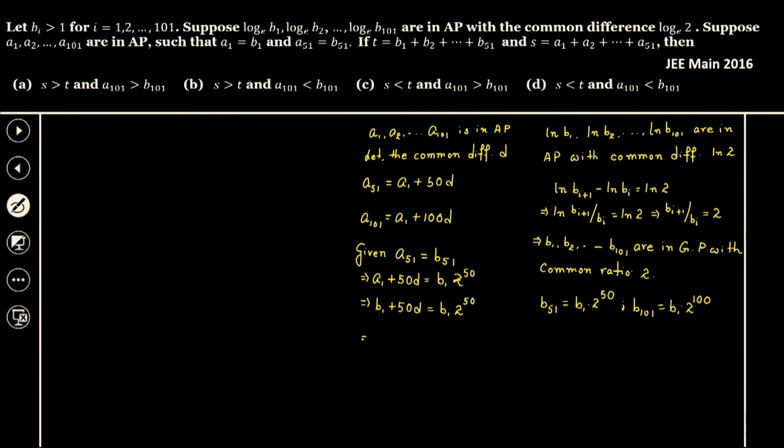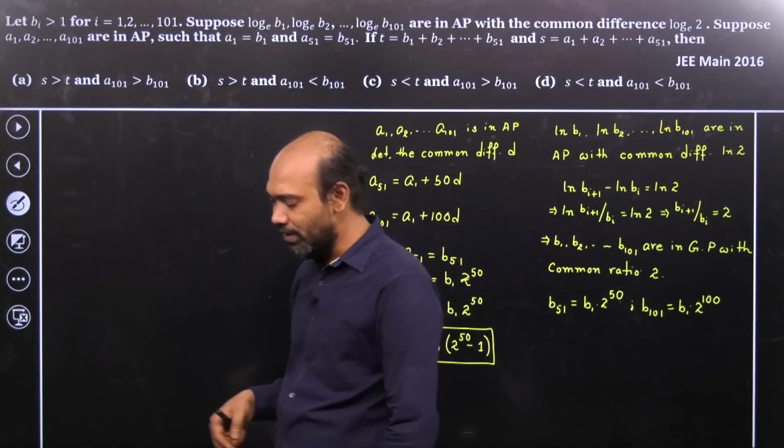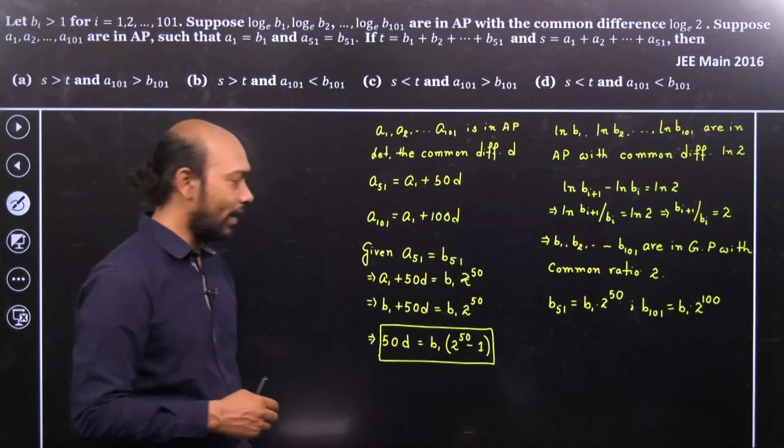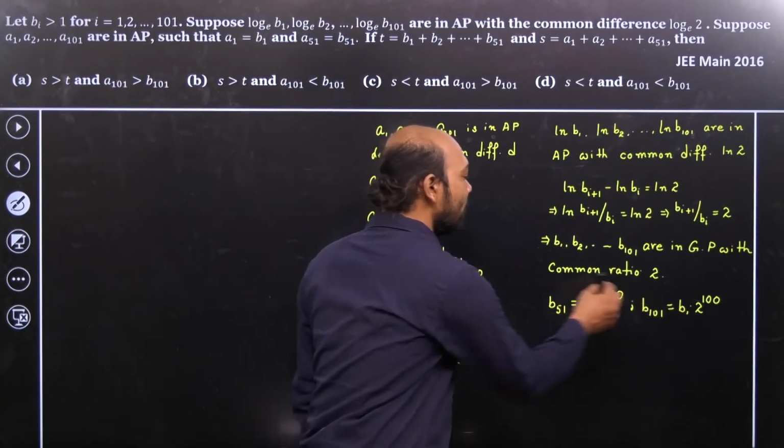Let's calculate 50D here. So 50D is definitely equal to B1, taking common, times 2 to the power 50 minus 1. So the common difference is obtained here. If we require D, we can divide by 50, but that is a very trivial step, so we just ignore that. Now let us compare A101 and B101.